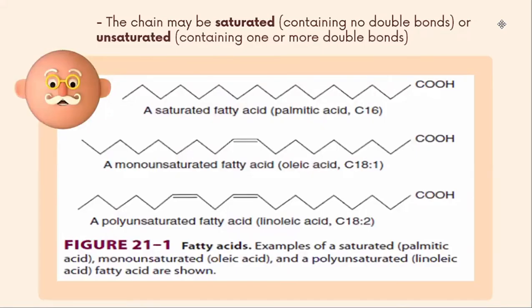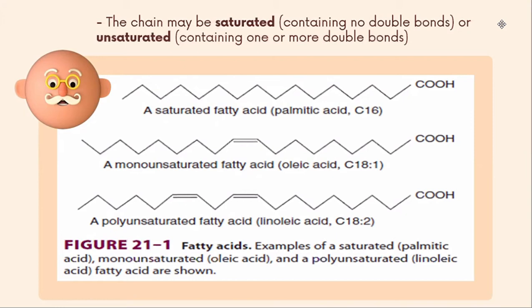The chain may be saturated or unsaturated, as the video has presented. Saturated contains no double bonds, so there is always a hydrogen for each carbon atom, while unsaturated contains one or more double bonds, which frees hydrogen atoms.